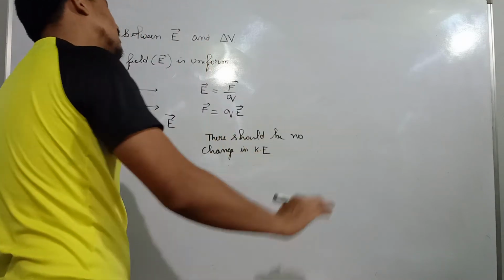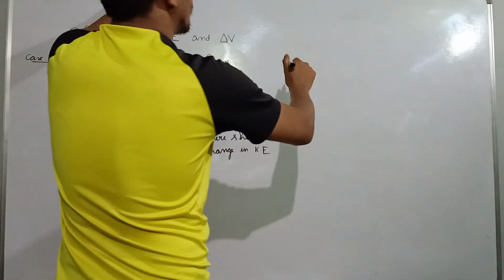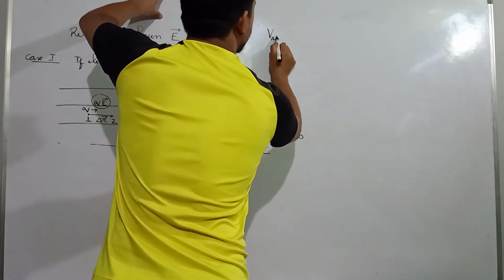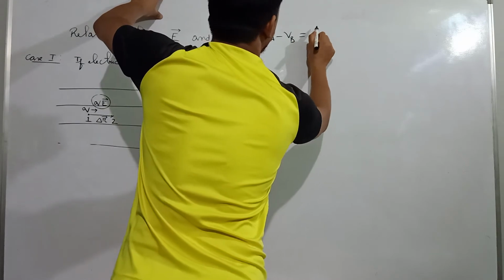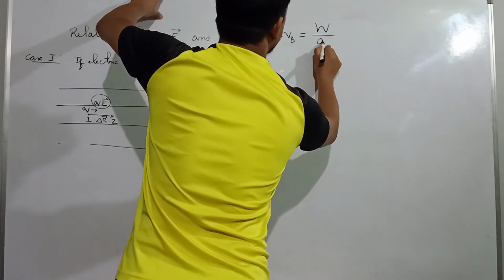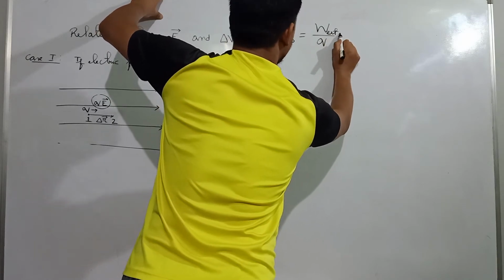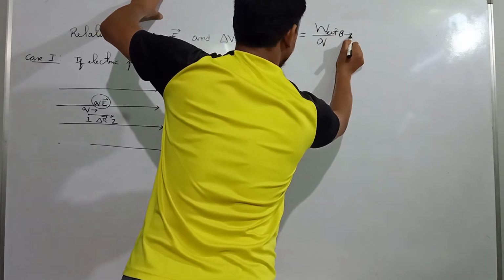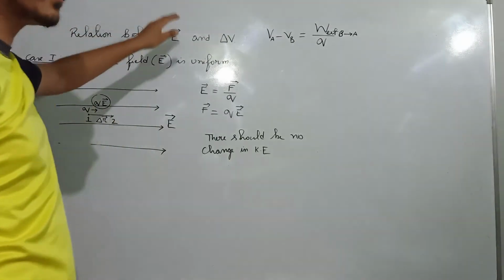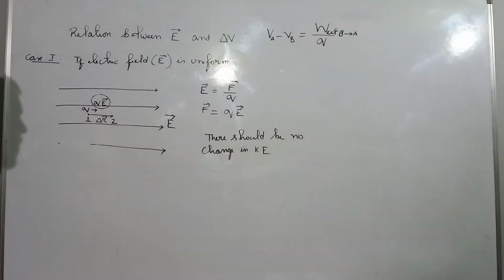Potential difference between any 2 points, VA minus VB, is given by work done per unit charge, right? Work done by the external force per unit charge in taking it from B to A. So there should be no change in kinetic energy.